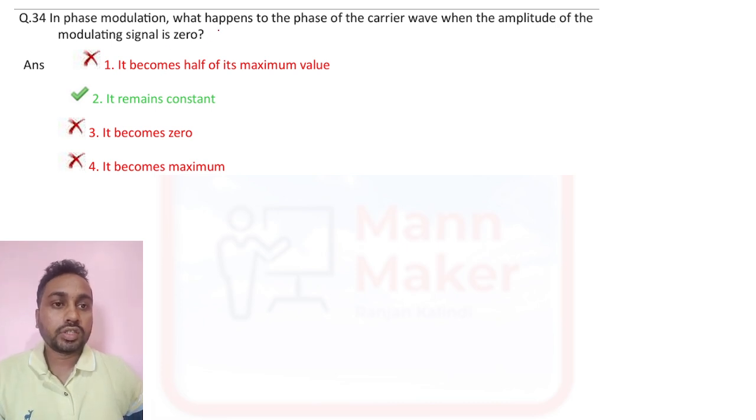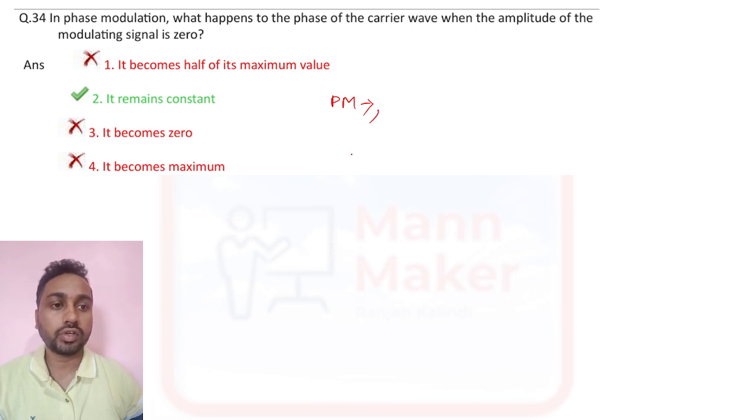In a phase modulation, what happens to the phase of the carrier wave when the amplitude of the modulating signal is 0? Okay, so phase modulation is what? In the process of phase modulation, the phase of the carrier changes or varies according to the modulating signal.